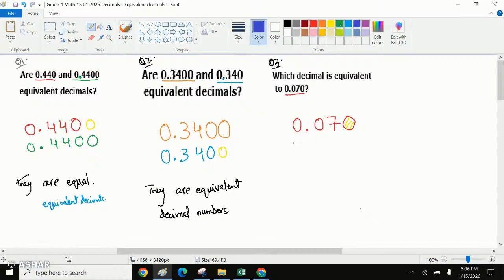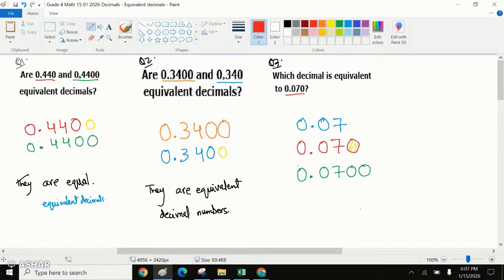can we say 0.0700? Right? We add 0, or from the original we remove 0. Can we say, if we remove 0, can we say 0.07?